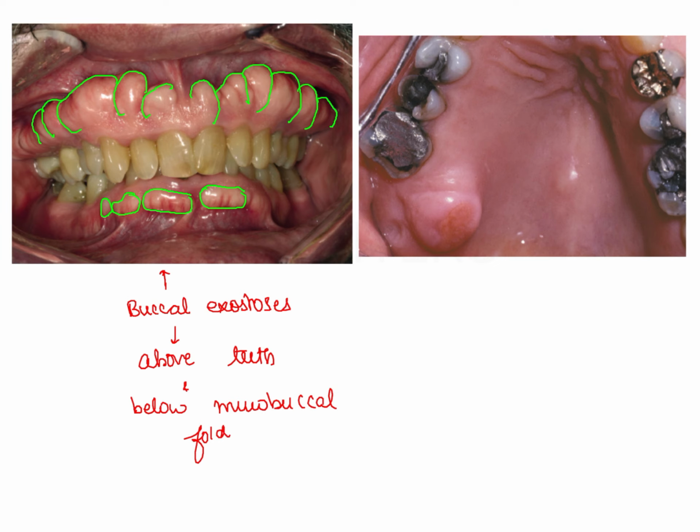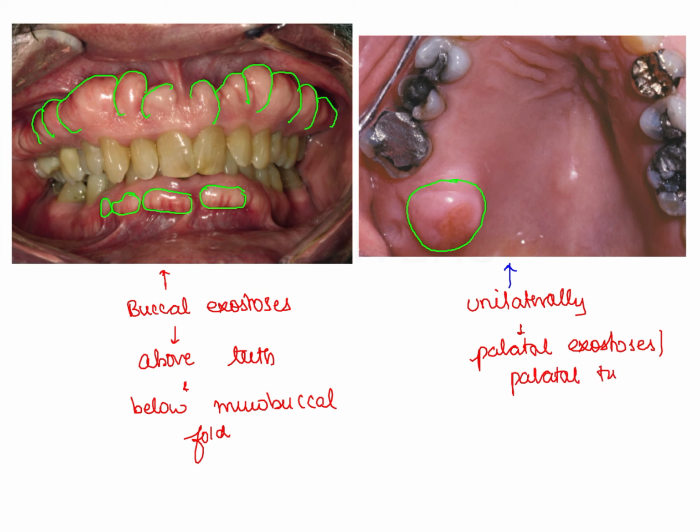And now moving on to the second picture. Here we can appreciate a single nodular palatal bony mass, an exostosis on the palate. Here it is situated unilaterally, and these are known as palatal exostosis, also known as palatal tubercle.